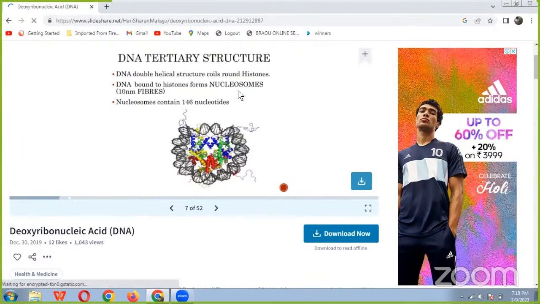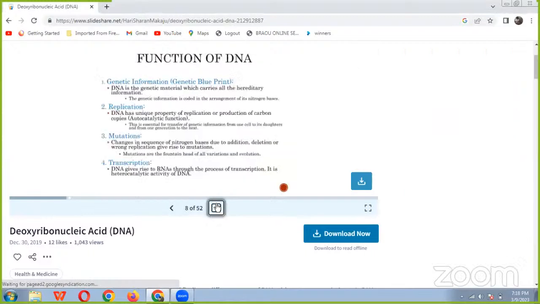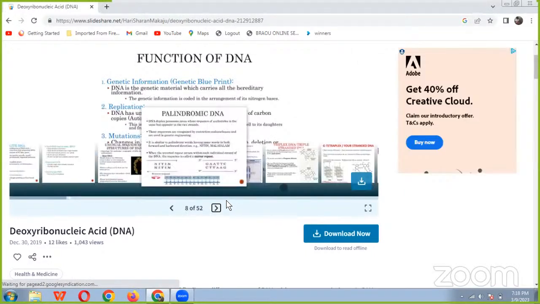DNA structure involves histone proteins, the different types of histone protein such as H1. DNA on histones forms the nucleosome, which carries genetic information.